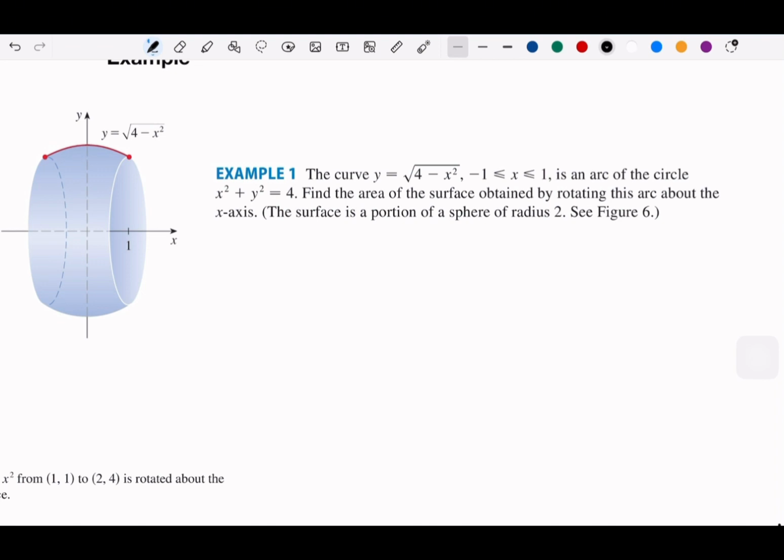Okay, of course, I think a conclusion from this function is that this is actually the same thing as a circle equation. And then find the area of the surface obtained by rotating this arc about the x-axis. It has the picture already, so we can focus that this is the function, and then we rotate through the x-axis, something like that.